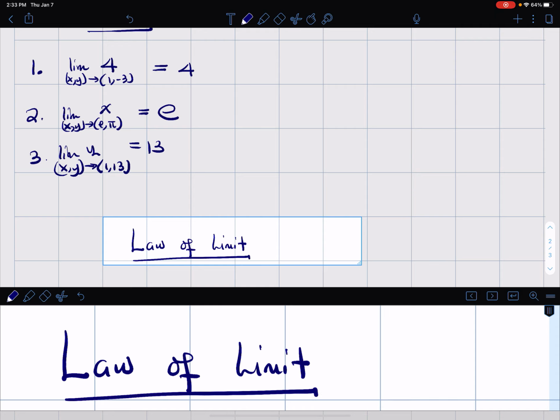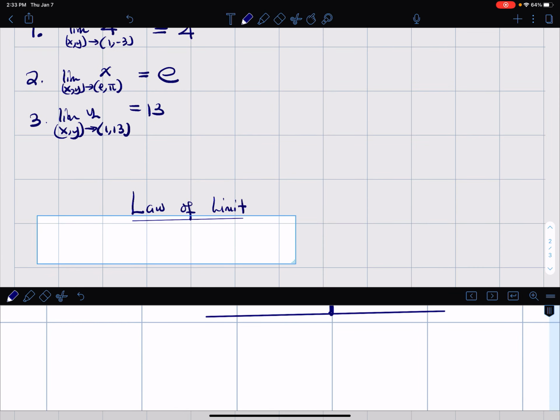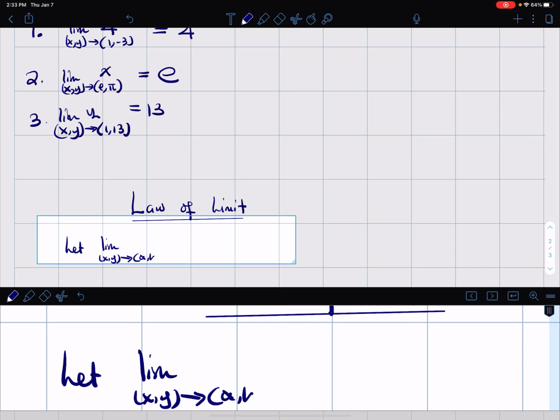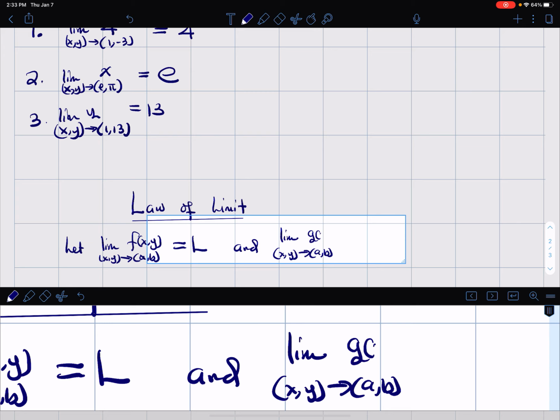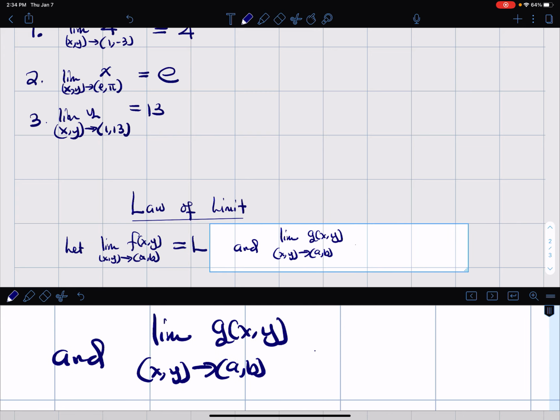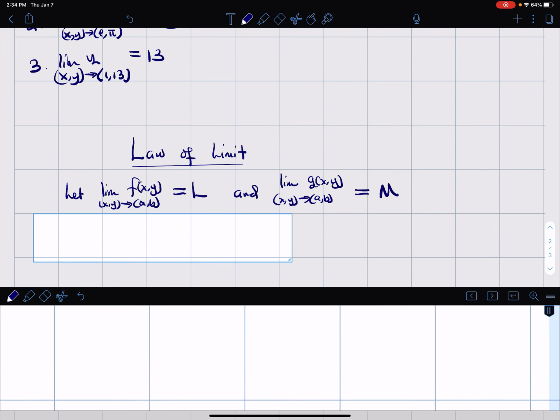Let's assume that the limit as (x, y) goes to (a, b) of f(x, y) is equal to L, and that the limit as (x, y) goes to (a, b) of g(x, y) is equal to m. Then we can do a bunch of things with this.